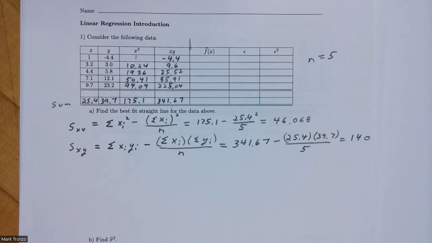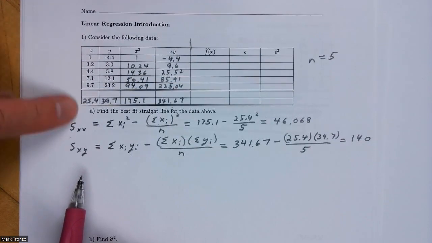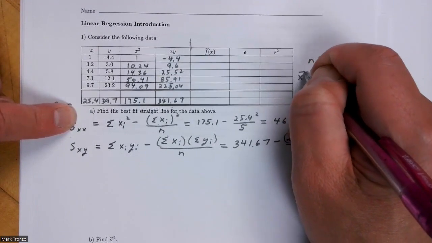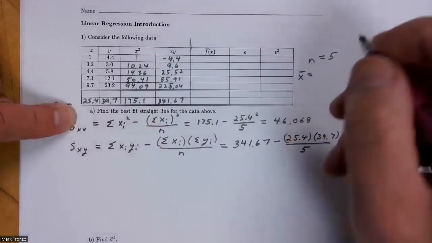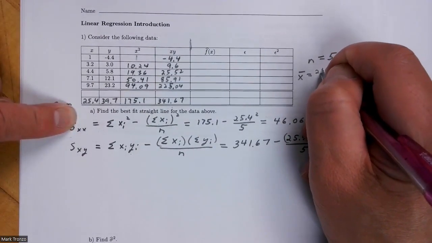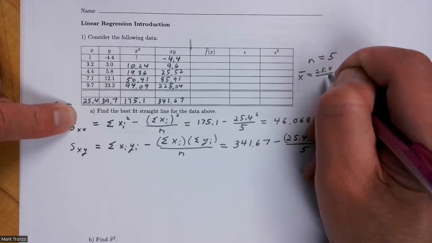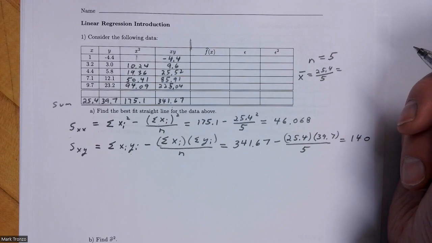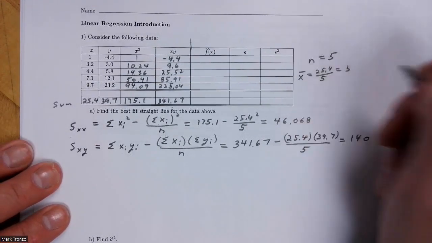And now we're also going to need X bar and Y bar. That's just going to be the average of the X's. So X bar, our total was 25.4. And we divide that by 5. And when I did that, that's about 5.08.